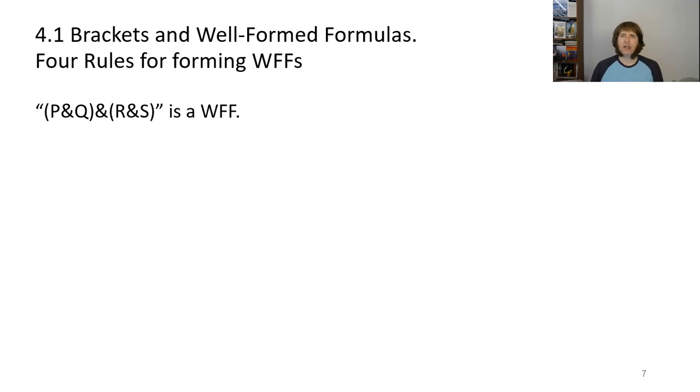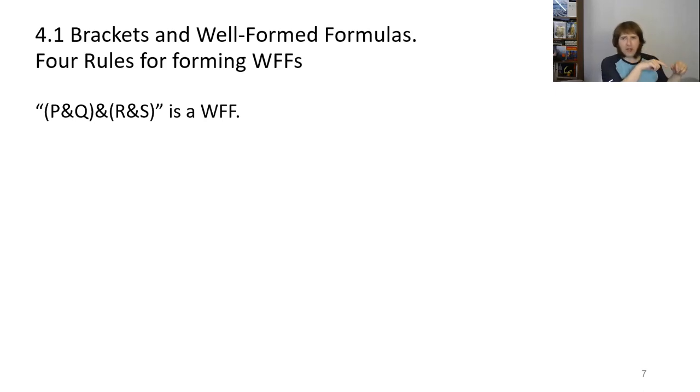But what we have here is that and in the middle, that conjunction, and it's connecting two other complex statements. It's connecting P and Q on the one side, which itself is a well-formed formula, right? That's a statement that makes sense. That's a statement we're allowed to make. We then stick it in the round brackets. Now it's one of the logical units. Rather than that conjunction just connecting simple statements, what we have are two instances where simple statements are connected.